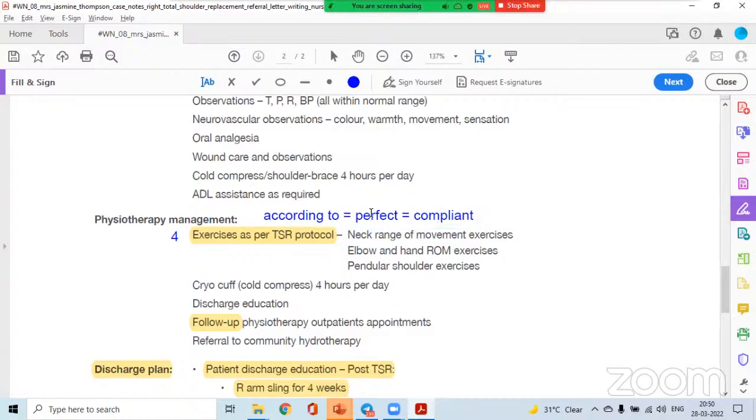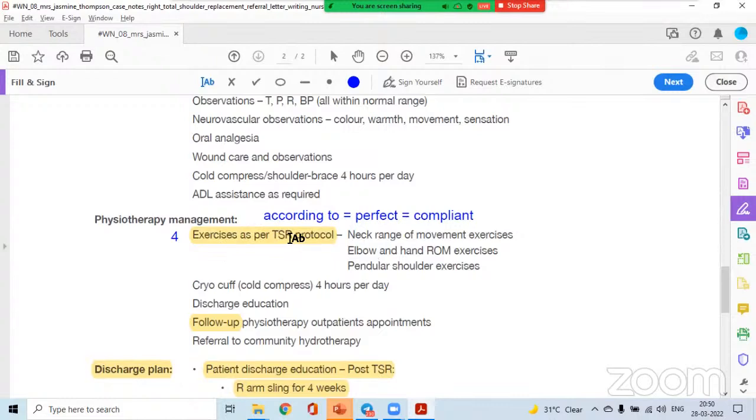According to the physiotherapist instructions, management is excellent according to the physiotherapist recommendations, or perfect, going on well. So he is compliant with exercises. So you can write all these things, which is important, all the exercises together.